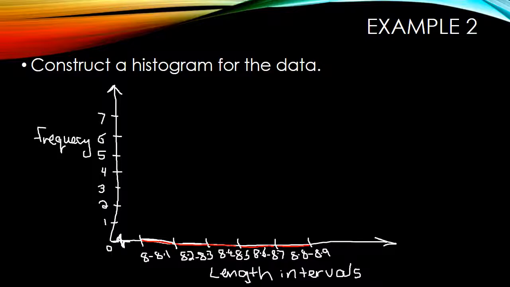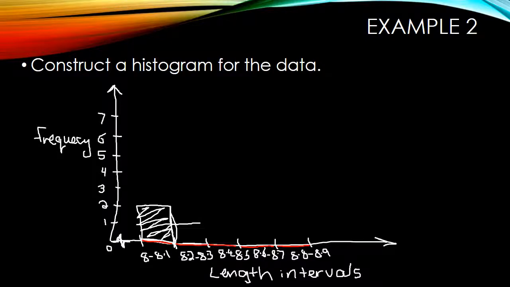So now our first interval has 2 data points. So my first bin should go up to 2. So this is my first bin, and I need to shade it. And it indicates it goes up to 2. That means we have 2 data points in this bin, or in this interval. For the second interval, we have 1.